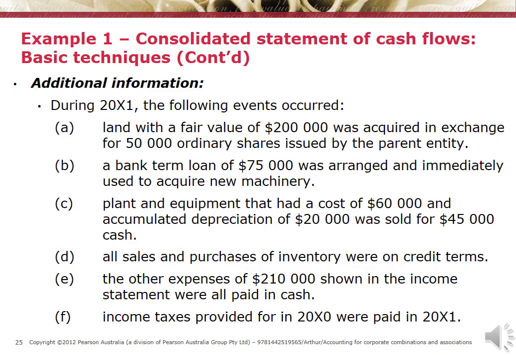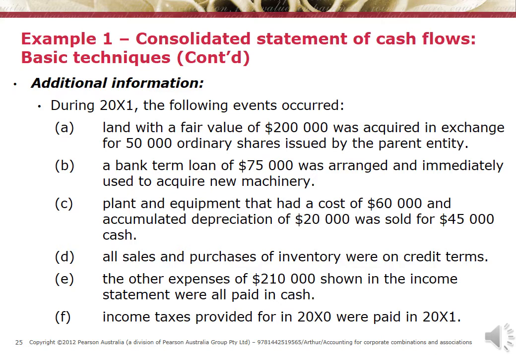I recall on slide 22 we had that account below sales revenue which said profit on sale of equipment, $5,000. If we compare it to what it says here in additional information C, it says that cost of $60,000 less accumulated depreciation equals $40,000, and it was sold for $45,000, so there was a gain there of $5,000.